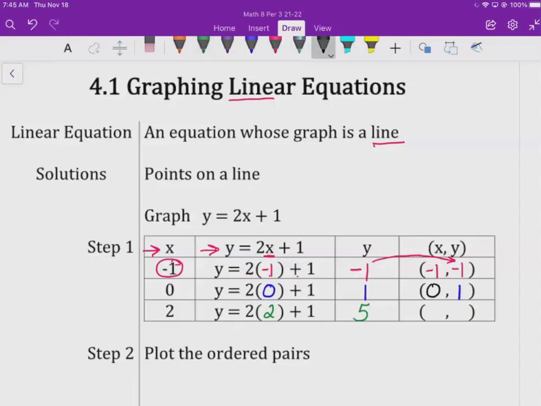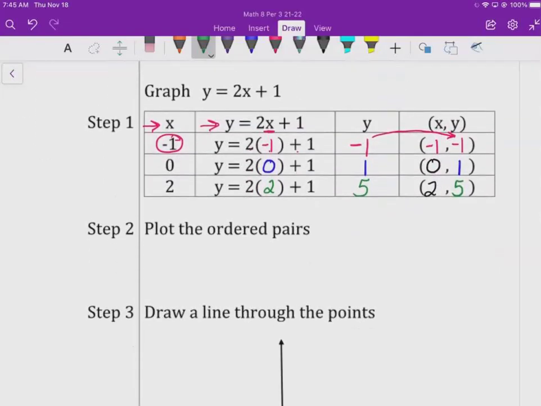So our x value, which always comes first, they're alphabetical, is 2, and our y value that matches it is a 5.